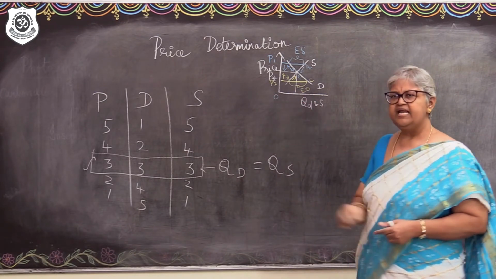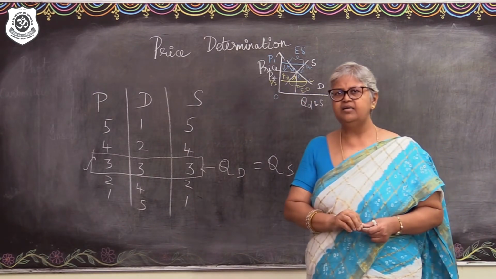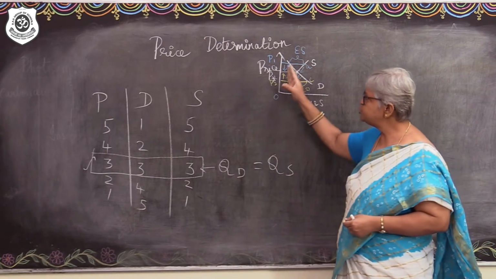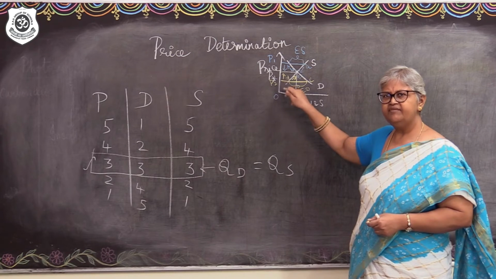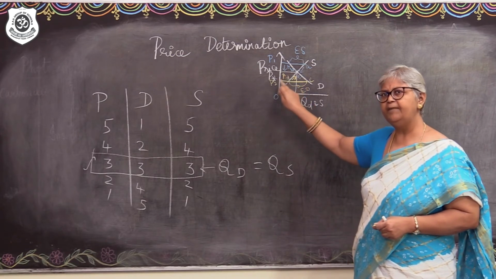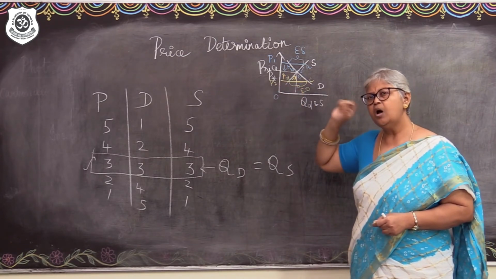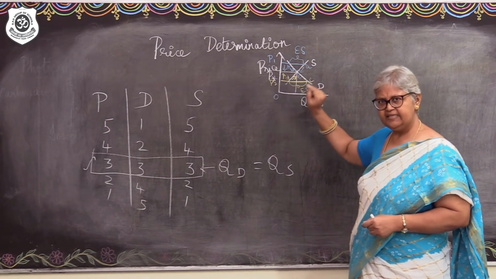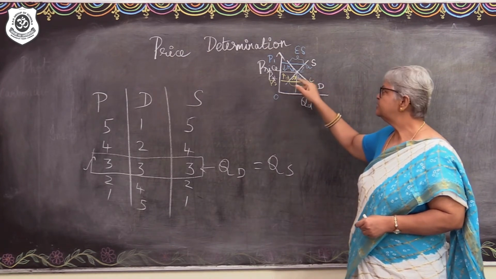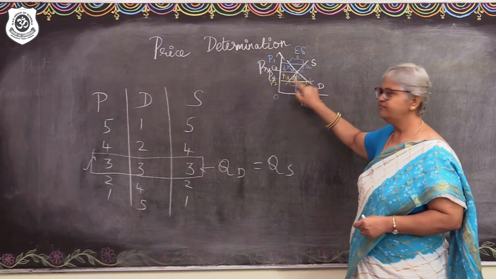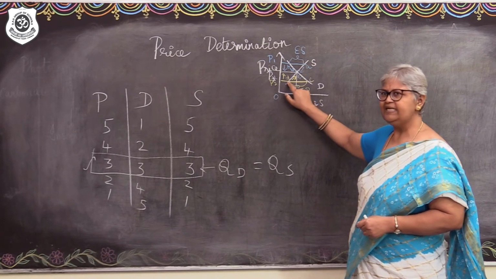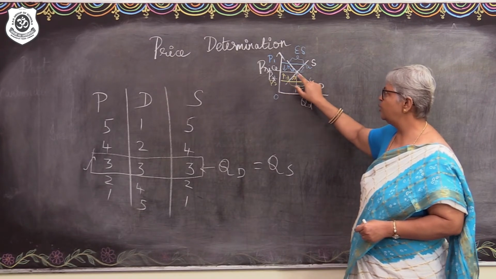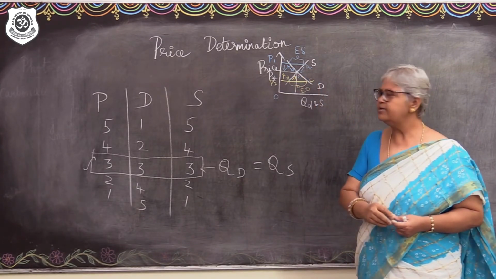When there is going to be an excess demand in the market, competition among the buyers will push the market price up, and when the market price goes up, as per the law of supply, there would be an extension in the supply. So along the supply curve, from this point D, the quantity supplied will go up to E, right?